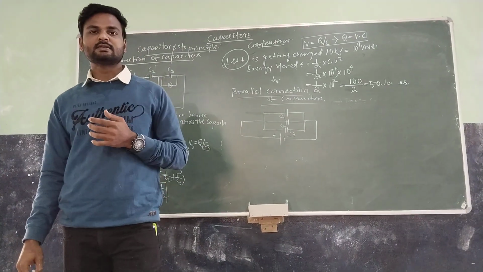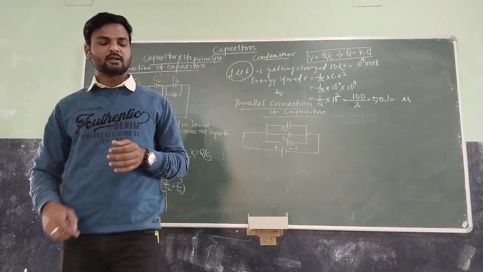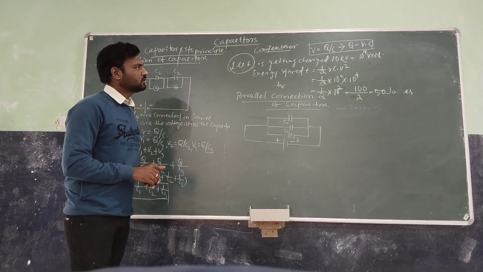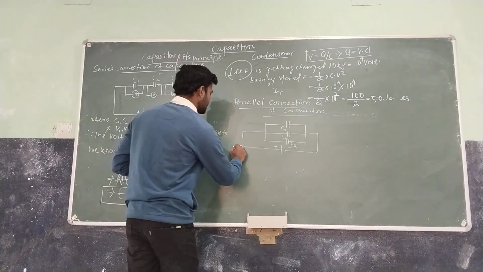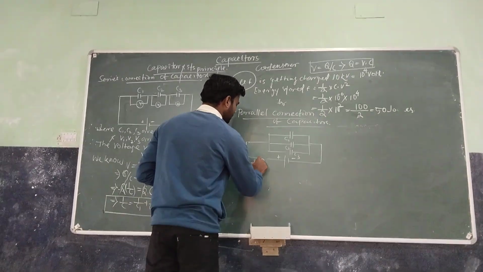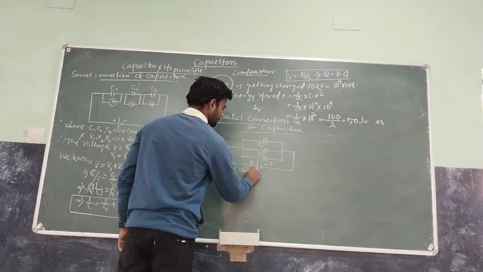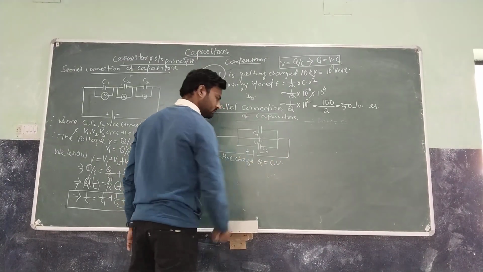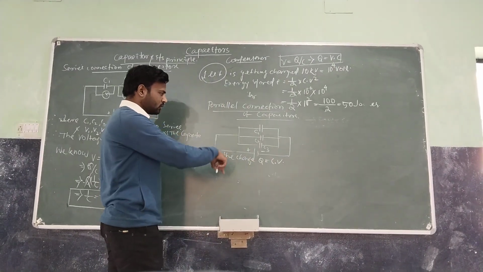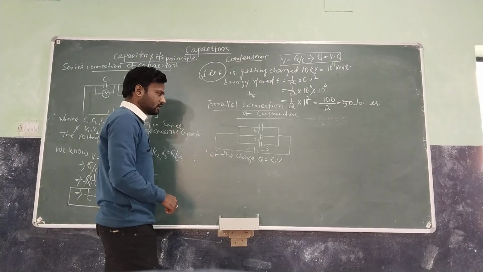The formula is Q is equal to C into V. Let the charges be Q1, Q2, Q3.